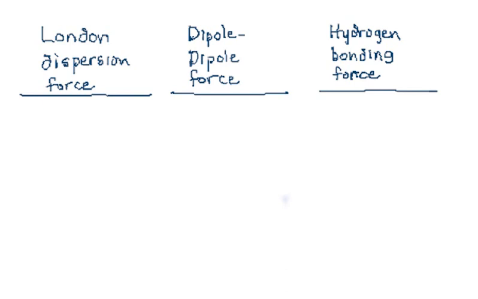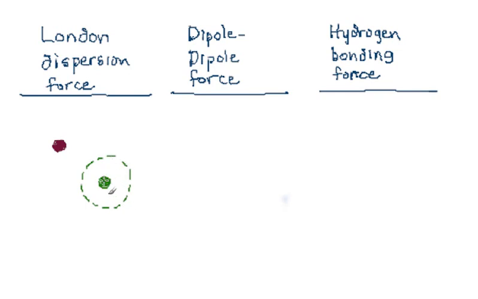London dispersion force is a force between a molecule. I'm just going to draw the molecules like balls now, just so we don't have to draw complicated shapes. If we have a purple ball and a green ball, these are made of atoms, which means they contain protons on the inside and electrons on the outside. Let's actually put some electrons around that and make this a little bit easier.